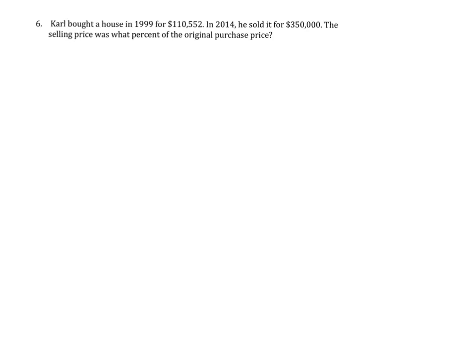Question 6. Carl bought a house in 1999 for $110,552. In 2014, he sold it for $350,000. The selling price was what percent of the original price?